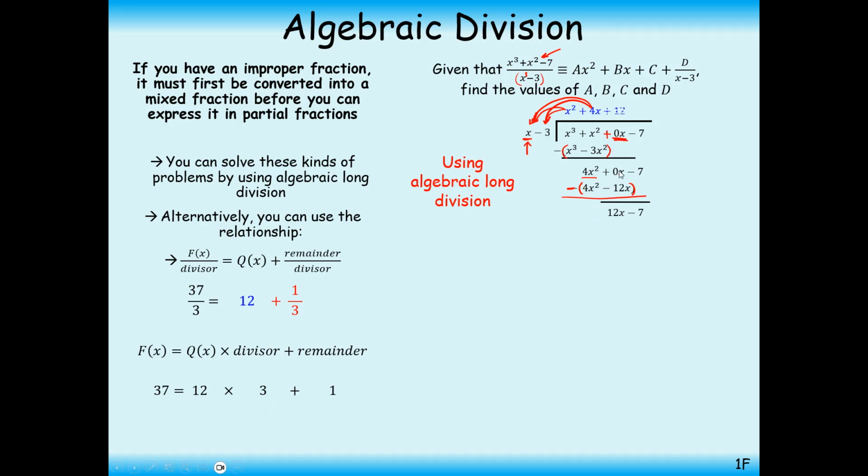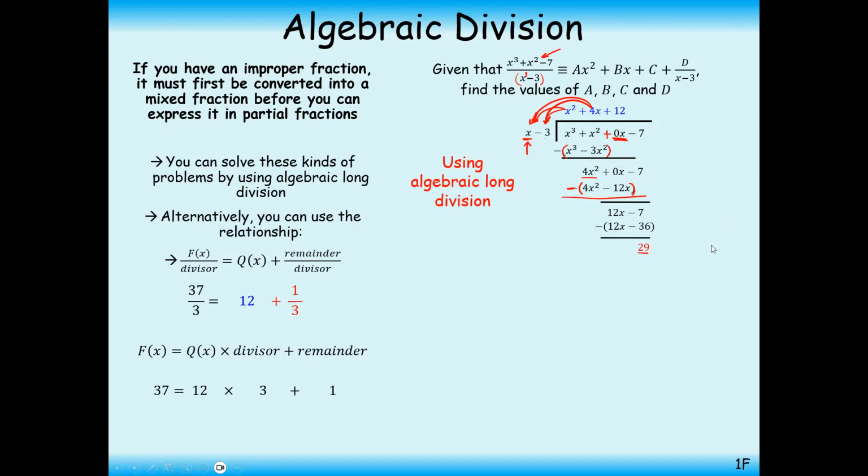That's simply 12. We put it there and we perform the multiplications like before. We end up with a remainder of 29. Now, 29 has a lower power than x minus 3. So that is the remainder and our division is finished. There are no more steps with algebraic division.